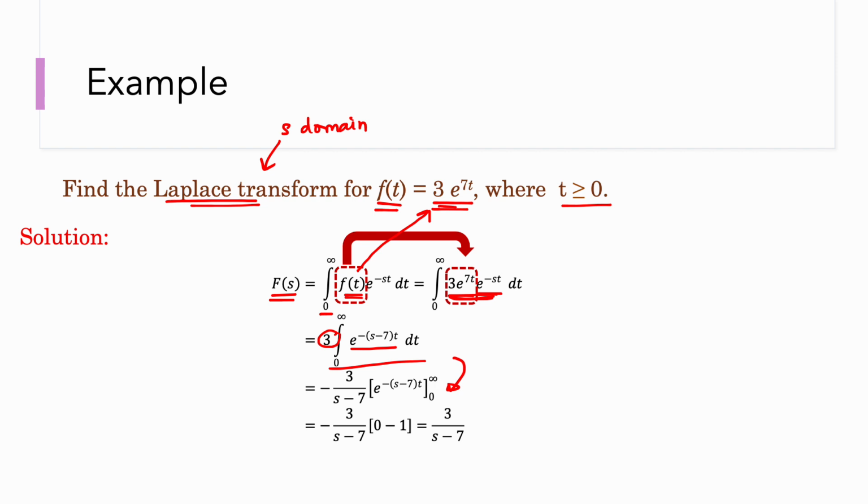By taking into consideration the limit, we will get our final answer as such. So this is going to be our answer for the Laplace transform of this particular equation.